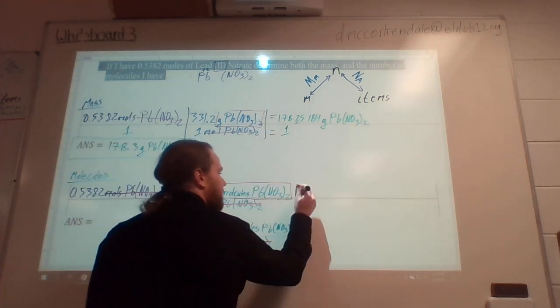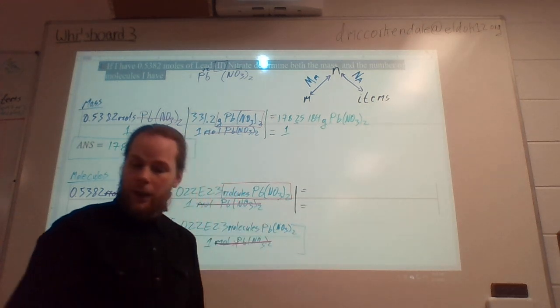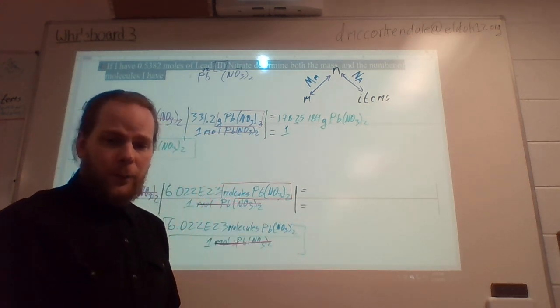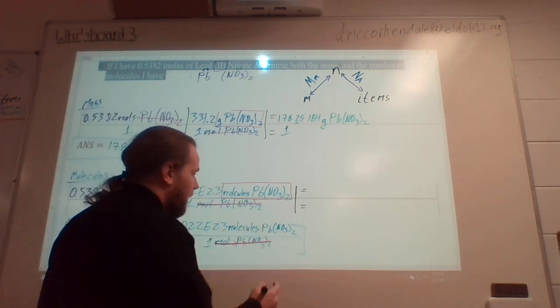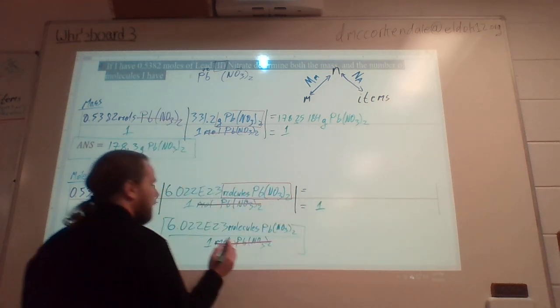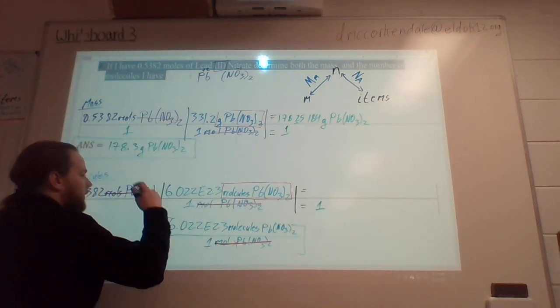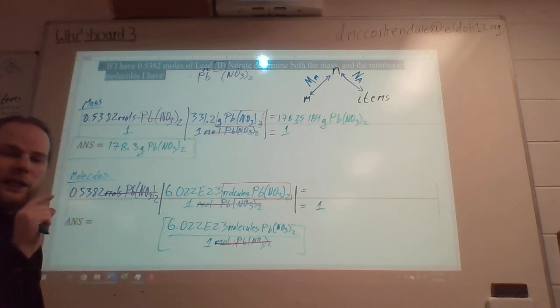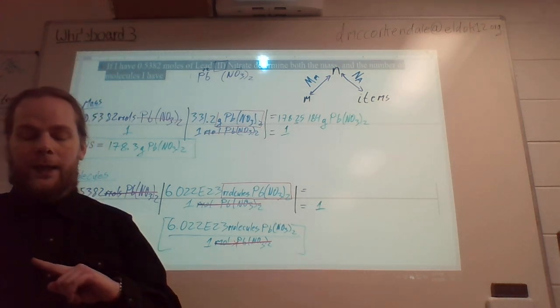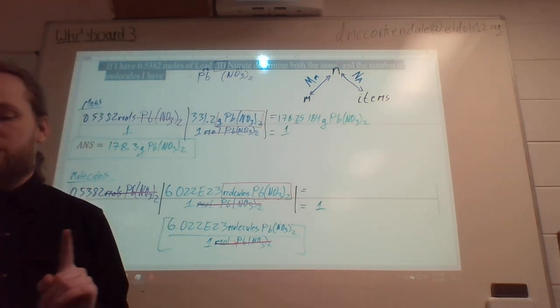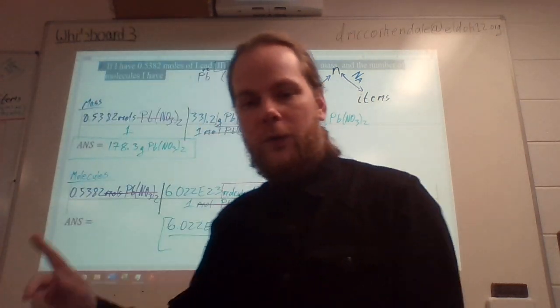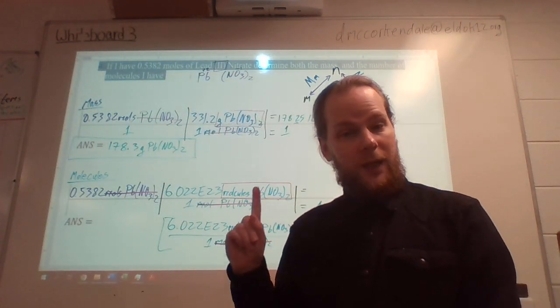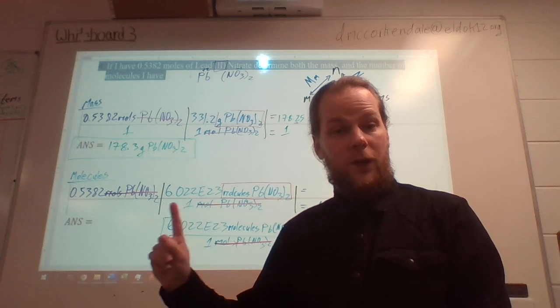So I'm going to put equals for the top and the bottom. As per usual on most of these practice problems, because they're only one step, the denominator is going to be 1 times 1, but the top is going to be just a slightly bigger number. So I'm going to calculate that. Actually, no, I'm going to show you guys how to do this, because we need to go through how to actually enter a number like this into the calculator.